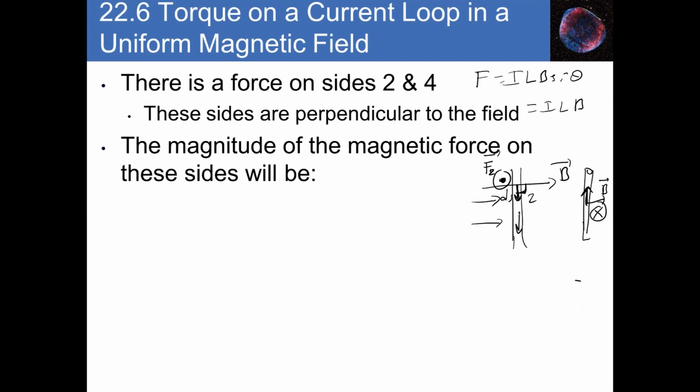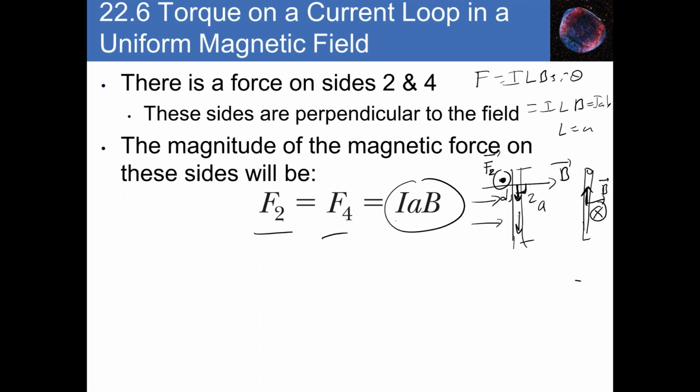Remember, this side is A, so taking L equals A, the magnetic force is IAB. So F2 and F4 have magnitude current times length times magnetic field, so I times A times B.